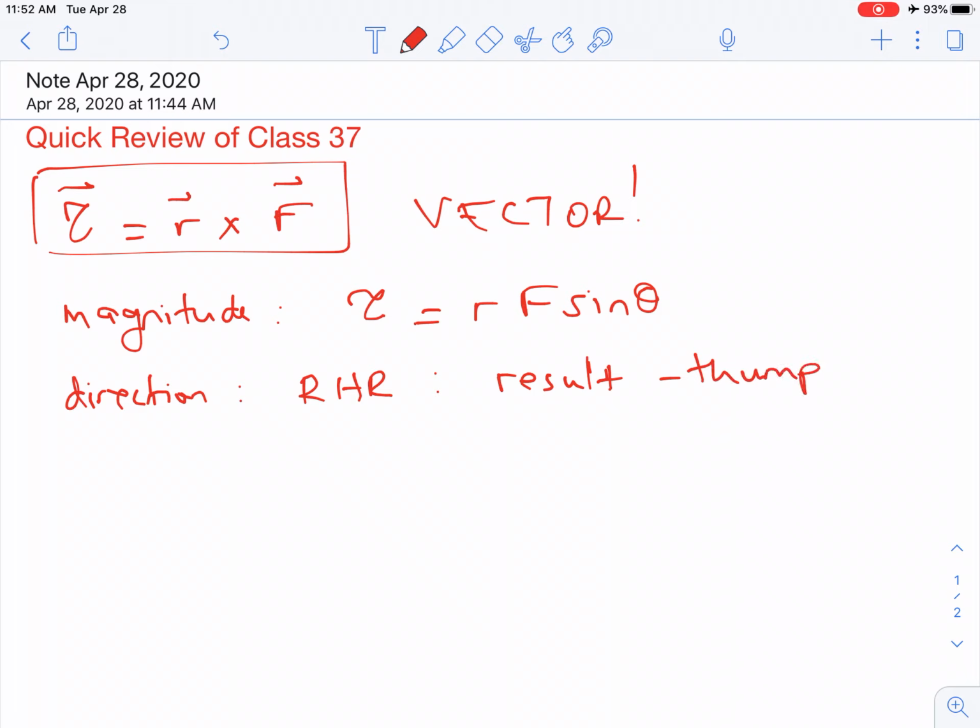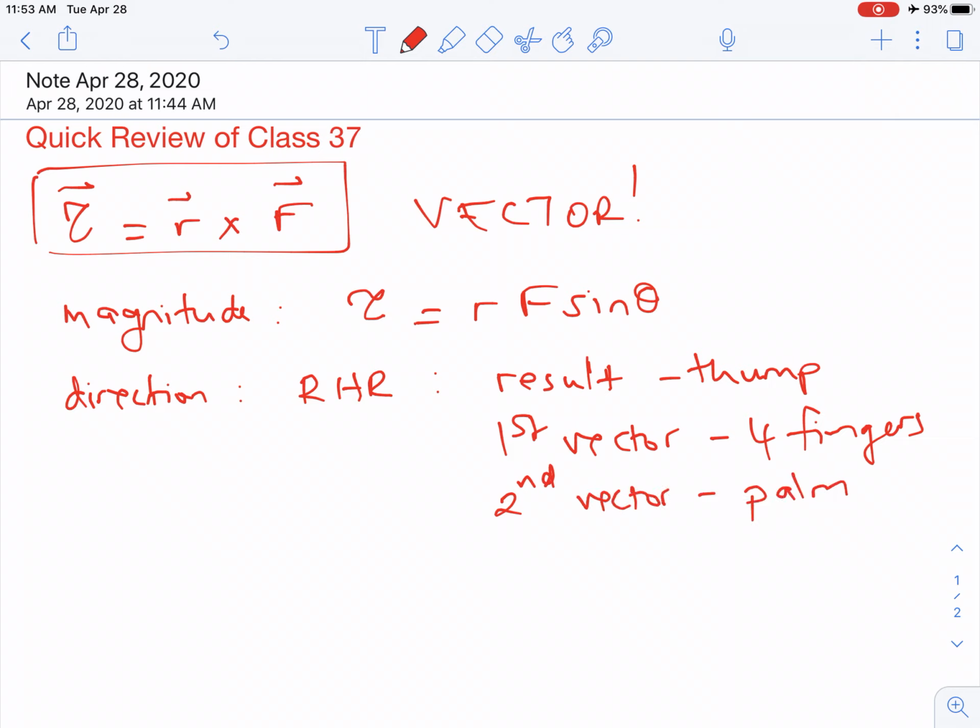And the first vector in the cross product, that would mean R in this case, is the forefingers. And the second vector is your palm, that's where you are curling your forefingers towards.